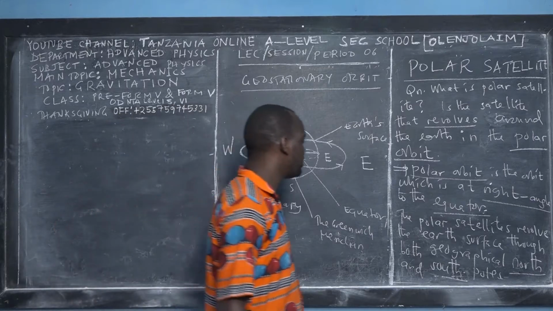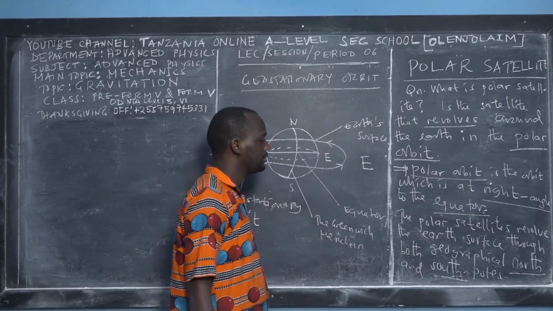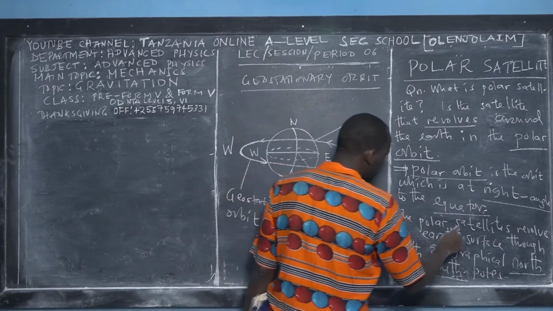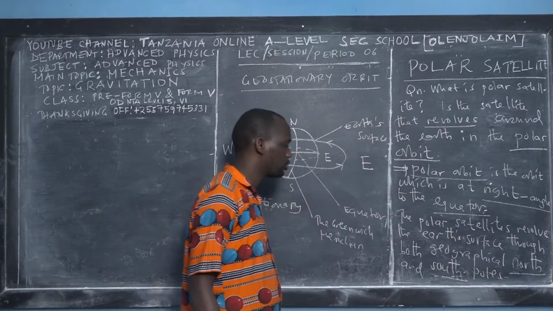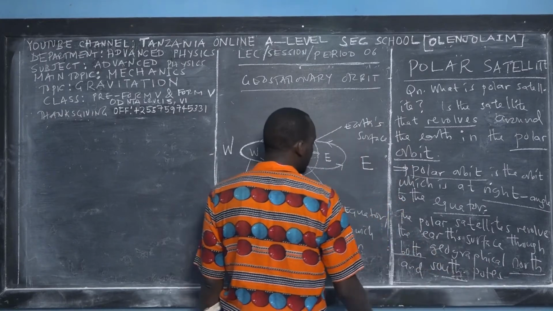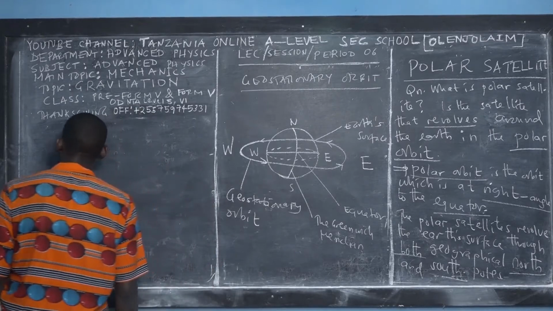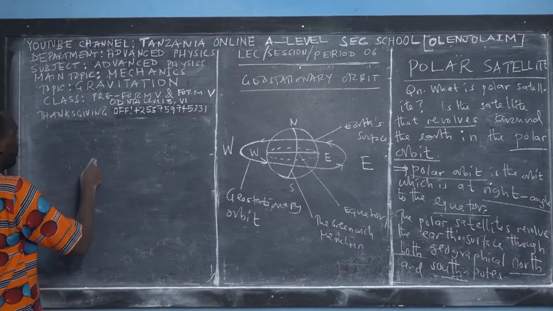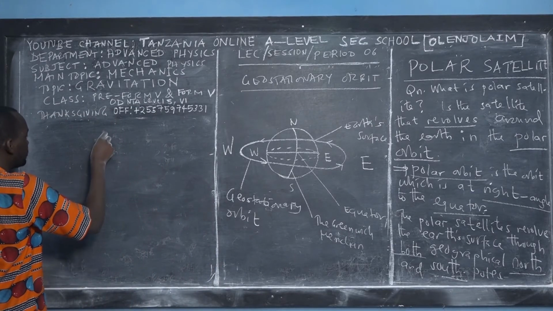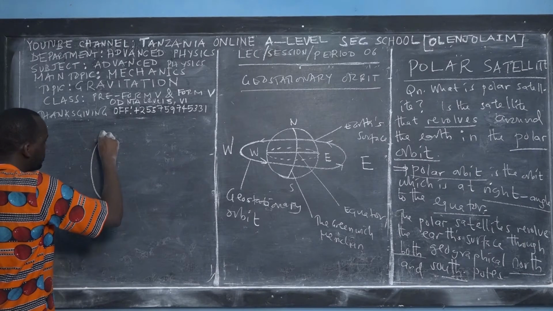Okay, so we say that these polar satellites revolve the Earth's surface through both the geographical north and the geographical south poles. When we sketch, we can sketch the Earth as an ellipse like this.